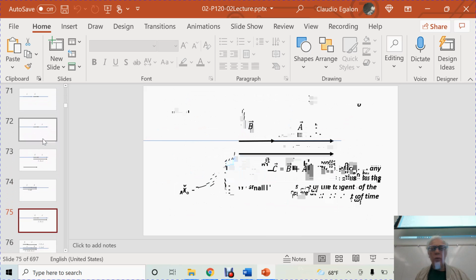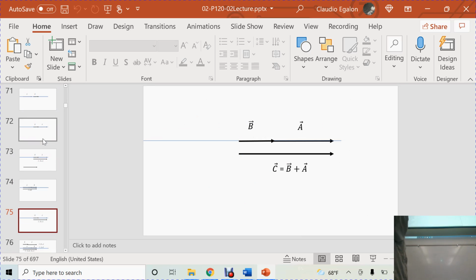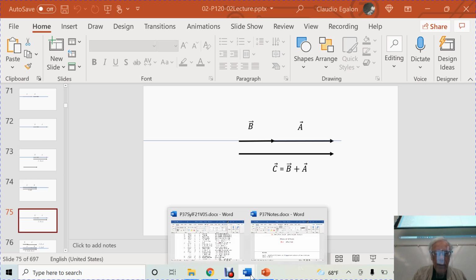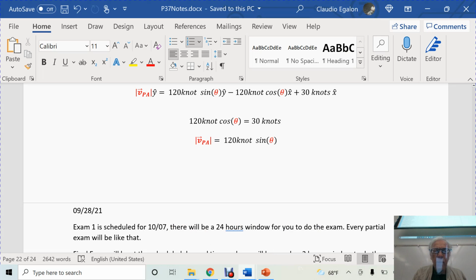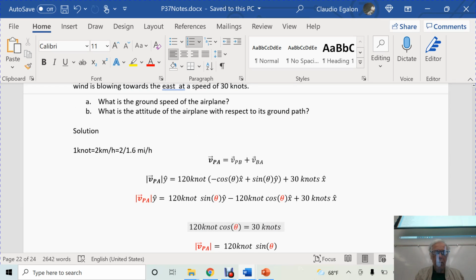Maybe I'm going to do it here on the board. That's how the book did it as well. You can do it either mathematically or the way the book did. Right? So here you go.